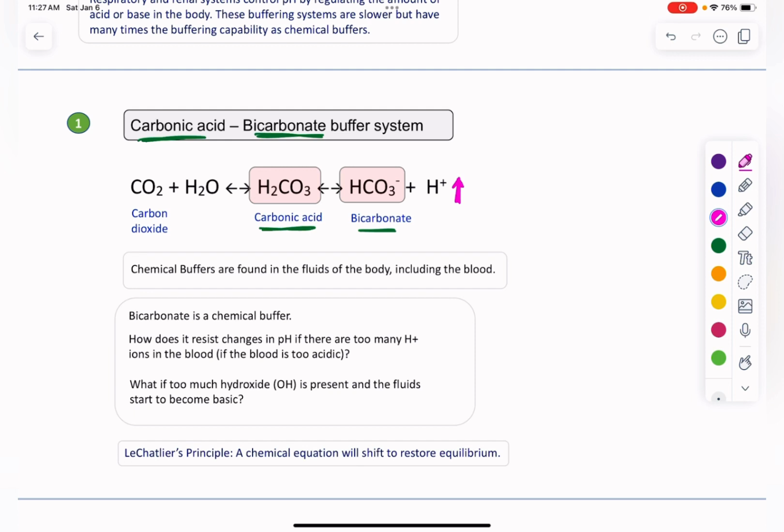That free hydrogen is going to bind to bicarbonate and get converted to carbonic acid, and that carbonic acid is going to get converted to CO2 and H2O. So essentially, we're taking free hydrogen ions and binding them up in water. And that brings the pH back to where it needs to be.